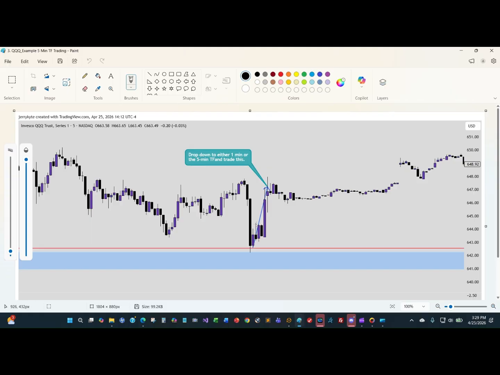Then the next one was purple, and again another black one, but it didn't go shooting way down, and it almost completely mimicked the purple one. But then this next one shot up, and that's what you're looking for out of this type of trade.